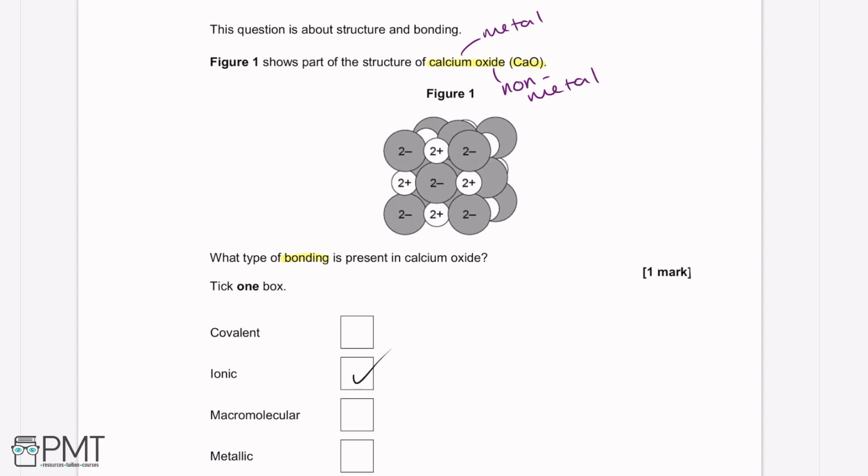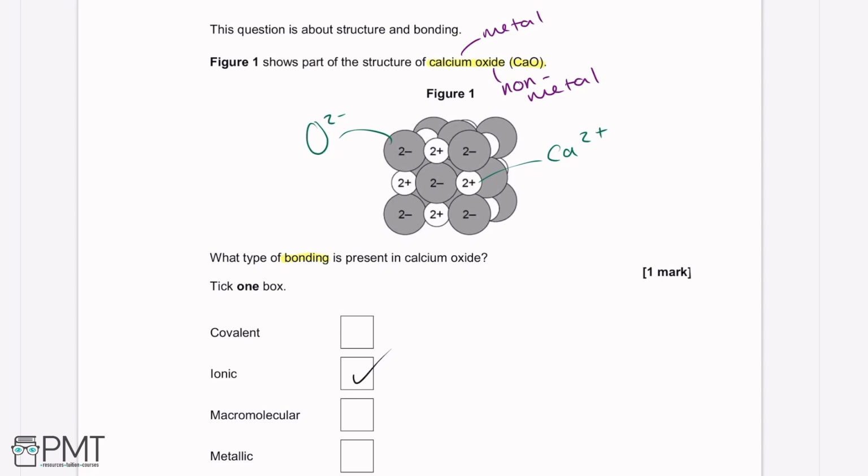And the reason for this is the metals form positive ions. So what you can see here, these 2+ ions, okay, are calcium 2+ ions. And these 2- ions here are O2- ions.